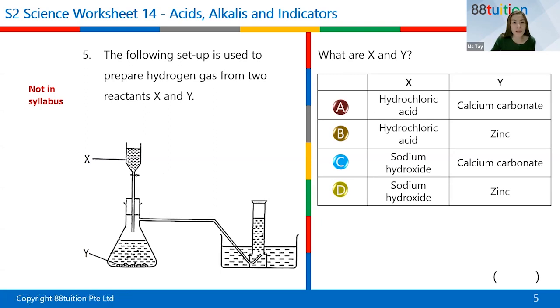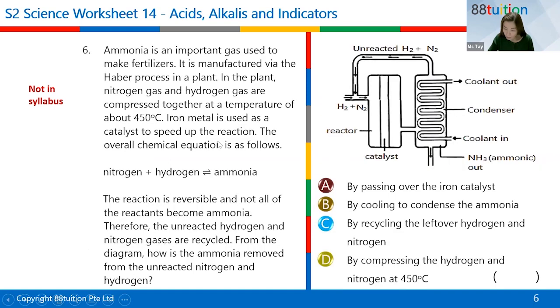Why do I always say Sec 3 or Sec 4? Because some schools will teach acid, bases, and salt in Sec 3. Some schools choose to teach it in Sec 4. Not in your syllabus, take it out.